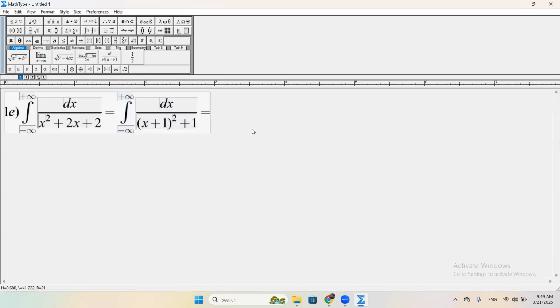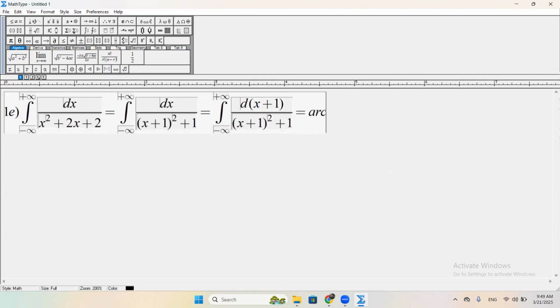And actually, what do we have in the numerator? It is the differential of this expression. So now let's differentiate. This is actually arctangent of x plus 1, with the substitutions from minus infinity to plus infinity.